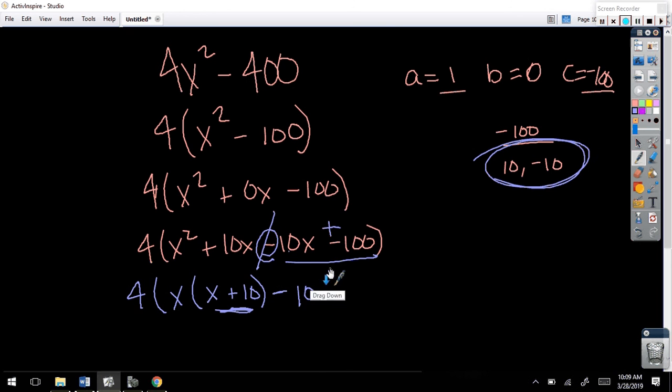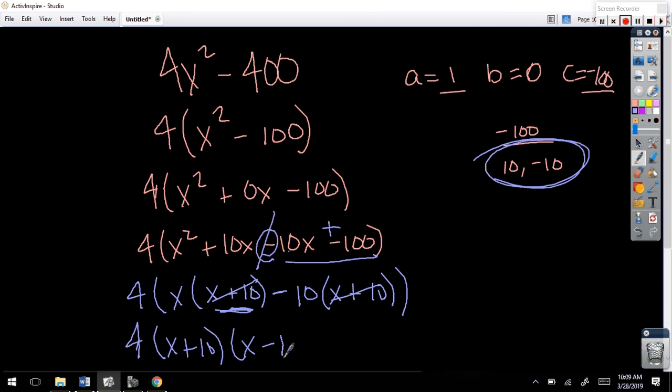And when you take it out, it's x plus 10. All right, so 4 is still on the outside, right? The x plus 10 is what they share. The x minus 10 is what's left.